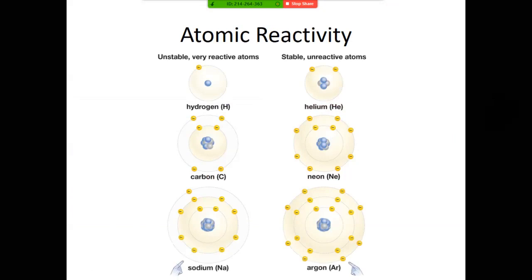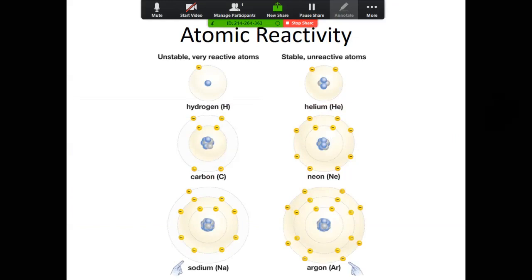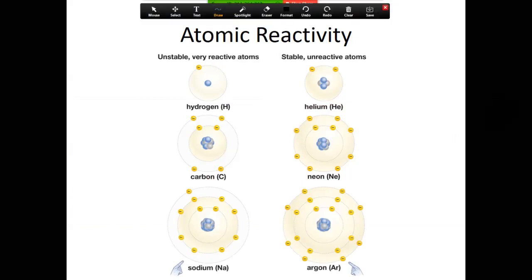So looking at these atoms here, I want you to make the correlation between the number of valence electrons and the reactivity of an atom. So if you notice on the left-hand side, hydrogen has 1 electron in its valence shell, carbon has 4, sodium has 1.